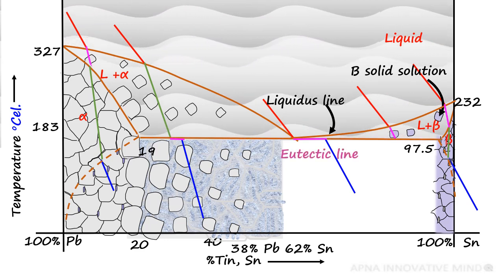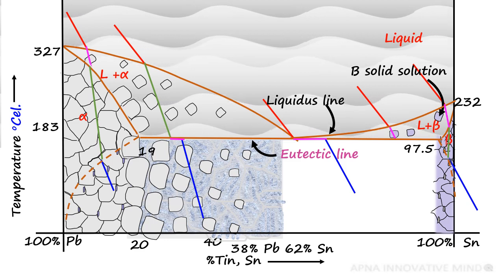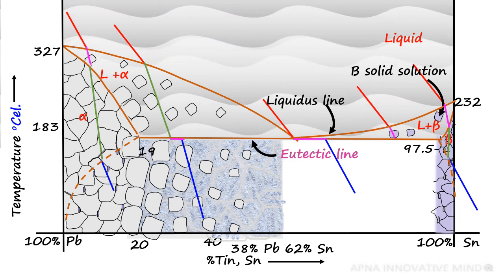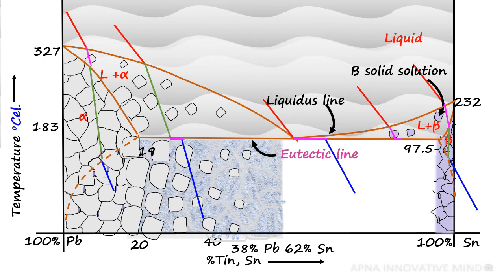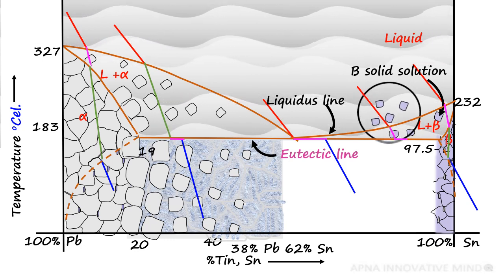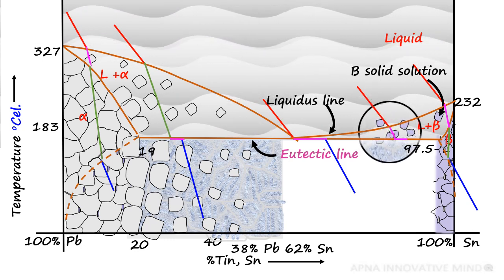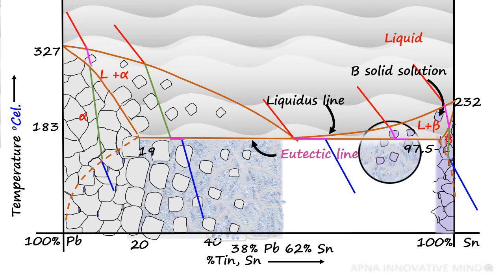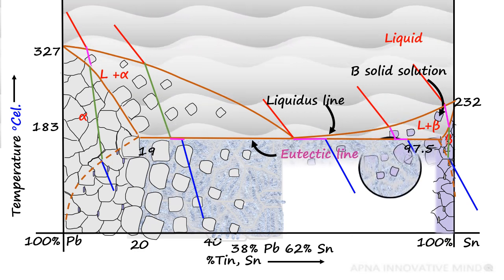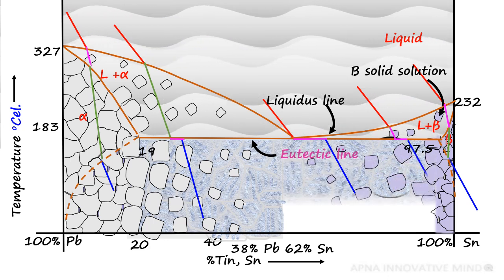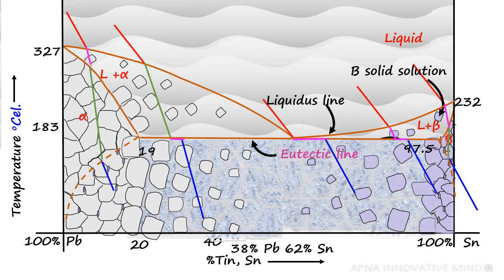On further cooling, as the temperature reaches the eutectic line, we have beta solid solution and liquid phase having eutectic composition of components. As the temperature drops below the eutectic line, the liquid phase transforms to solid phase. Temperature remains constant till the entire liquid is solidified. Temperature further drops. Now we have beta solid solution and eutectic mixture of alpha and beta solid solution.